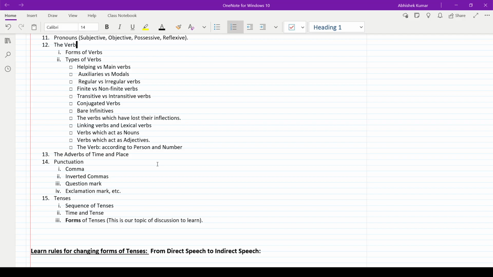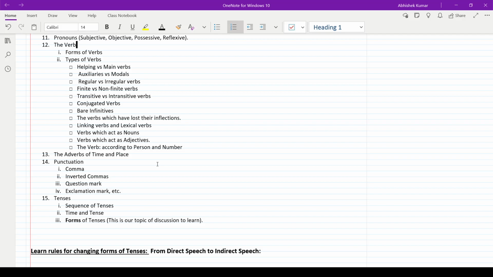In sequence of tenses, if the principal clause is in past, then the subordinate clauses will also be in past. Time and tense, you need to understand the relation between two sentences or two clauses when written in one sentence. Then it has to agree with time and tense.